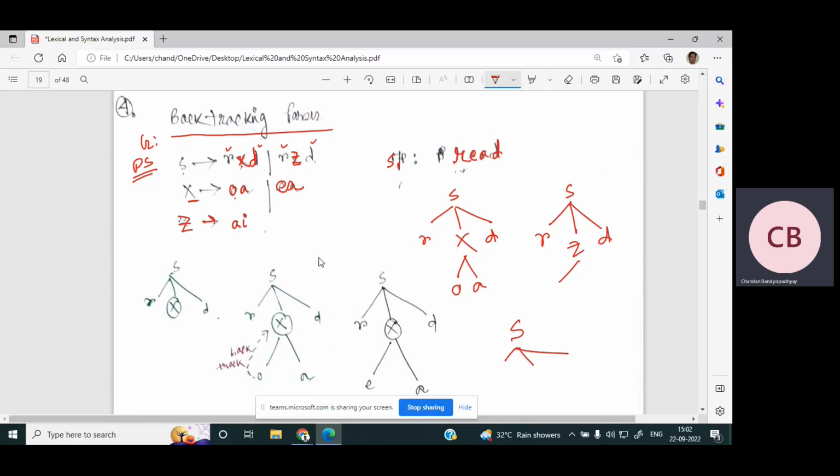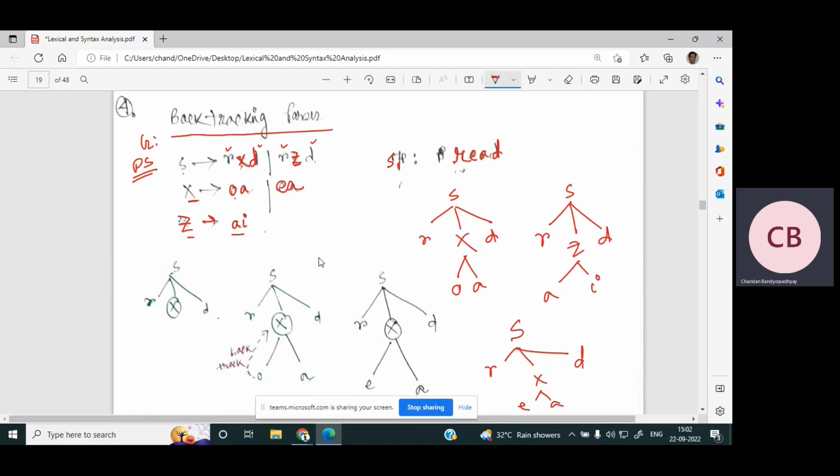I'm writing for this R, X and D, here EA. For Z, another possibility was AI. So Z is generating AI. So three different trees I am getting: ROAD, READ, and RAID.